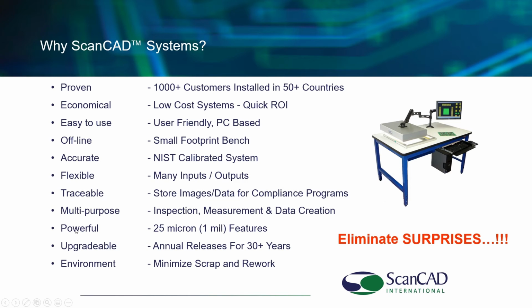The ability to inspect incredibly small features at very high accuracy, upgradable annual releases of our software for the last 30 years with all kinds of improvements. There are new recipes coming out all the time, new capabilities all the time. And yes, the jobs that ran 30 years ago in 1990 can be run on the system today.